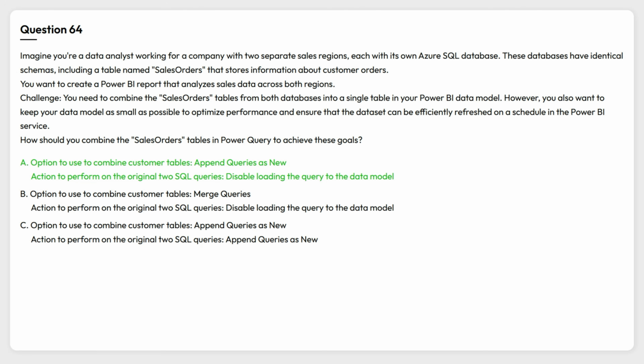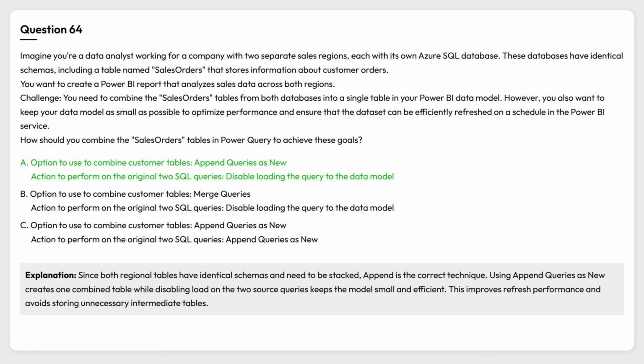The correct answer is option A. Option to use to combine tables: append queries as new. Action to perform on the original two SQL queries: disable loading the query to the data model.